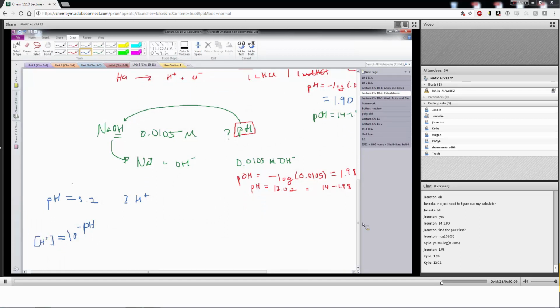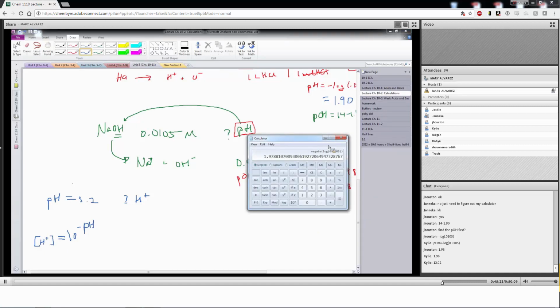Everybody's calculator is different. I think this one's going to want me to put in the pH and then hit the negative sign and then hit the 10 raised to the X button. Some of yours are going to want you to hit the 10 raised to the X button and then put in the negative pH. Again, you're not looking for the exponent button. You have to use a 10 to the X or an X to the Y button.